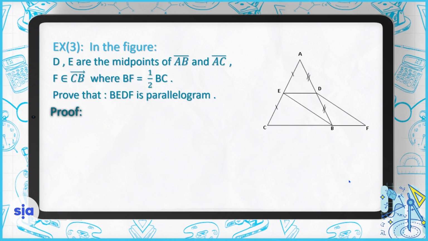Exercise number 3. In this figure, if D and E are the midpoints of AB and AC, where F belongs to ray CB, where BF is half BC, the question here wants me to prove that BEDF is a parallelogram.